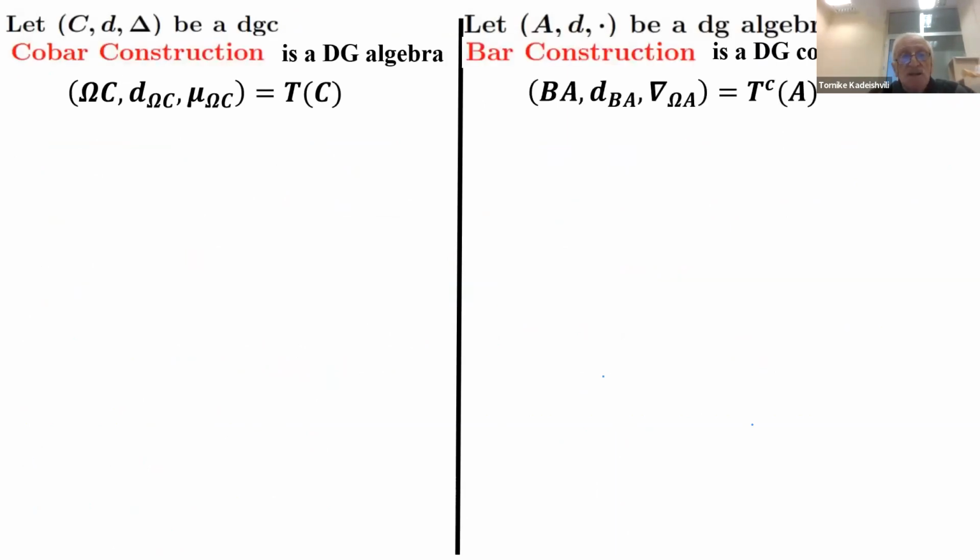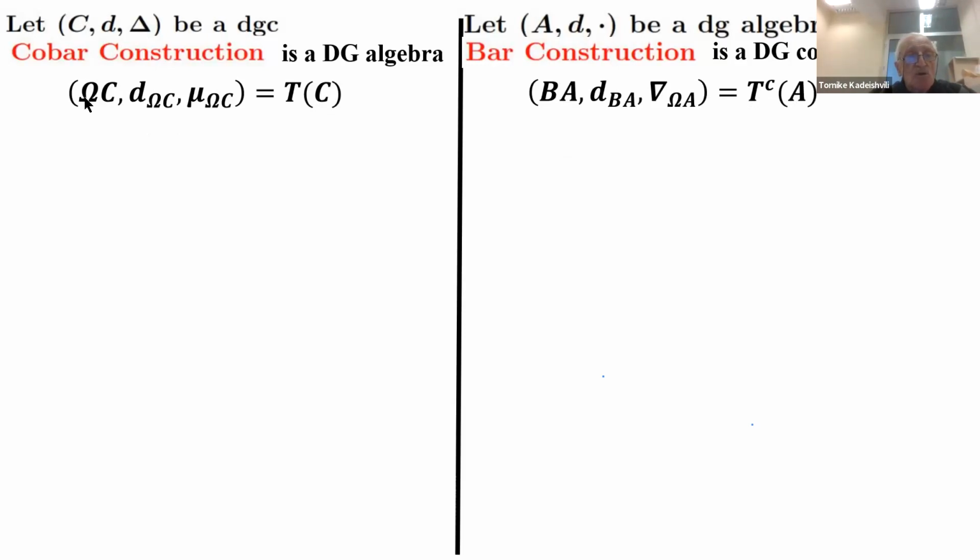And this tensor algebra and tensor coalgebra will play the role of the bar construction and cobar construction by Eilenberg and MacLane. Start with a coalgebra. A coalgebra has a differential and a diagonal.